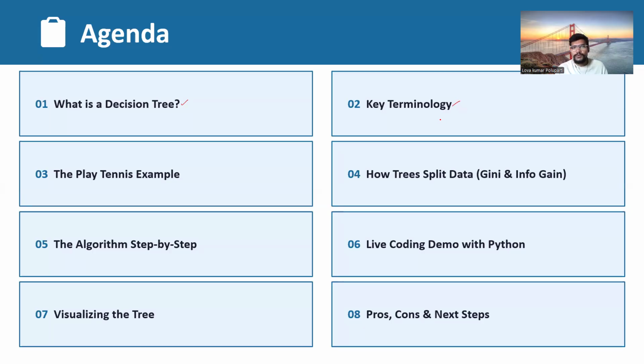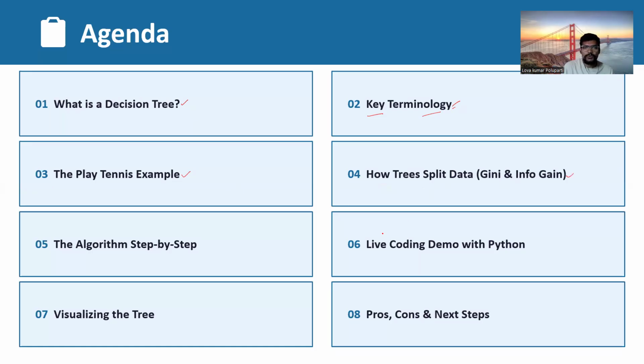Whenever you want to learn anything, you need to have clarity about the terminology used there. If you have clarity on this, then you can clearly understand the complex concept. And I'm going to give one simple example and show how the decision tree will be splitting. What are the different criteria?